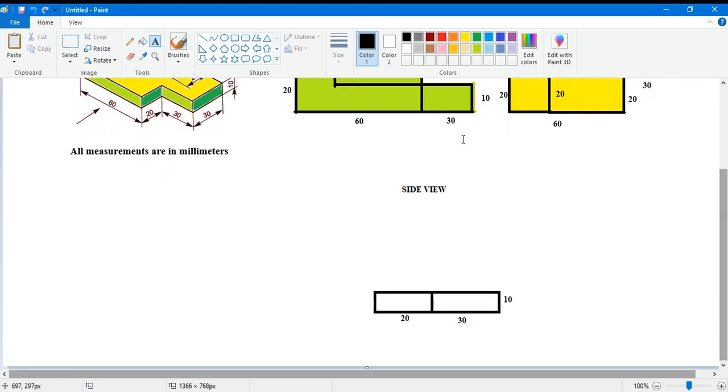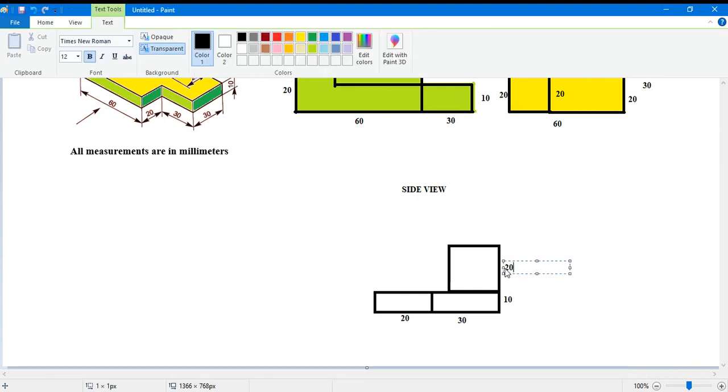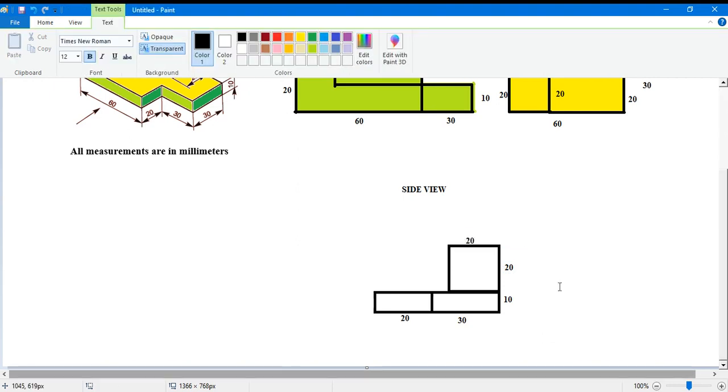So I will be drawing also again from here on the top. This is gonna be more or less like this. Okay, so this is gonna be right here 20, and this part is gonna be 20 as well.